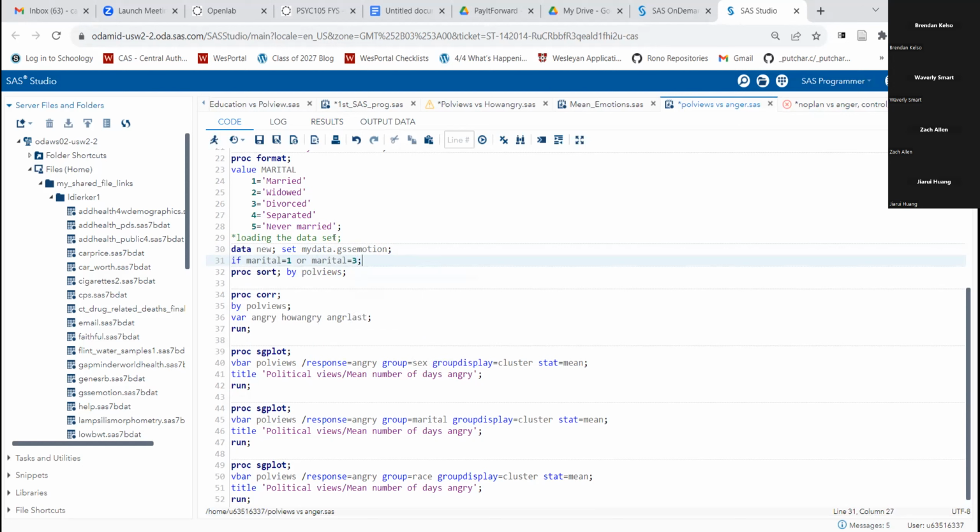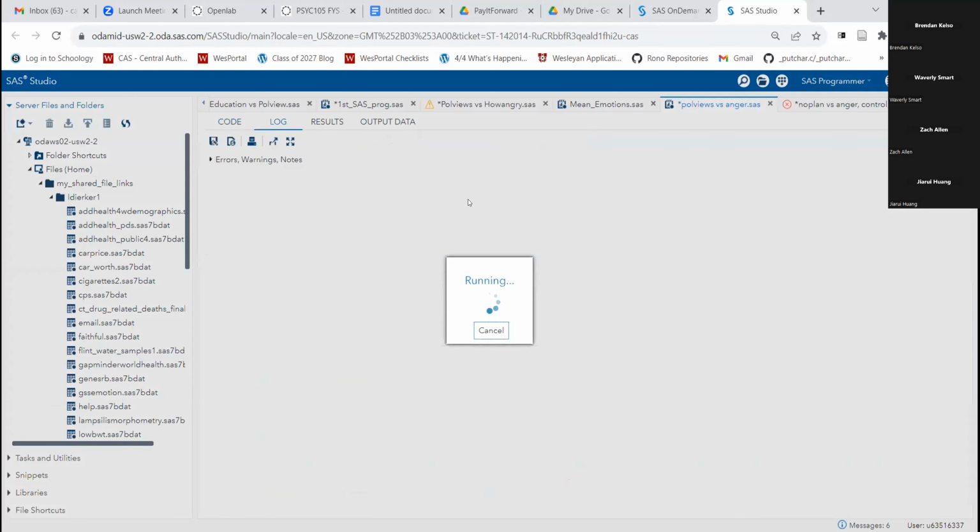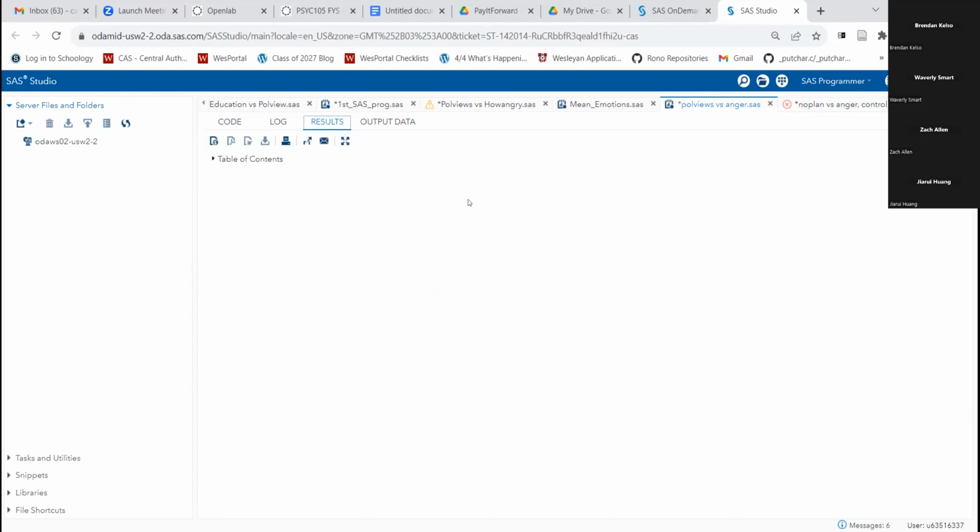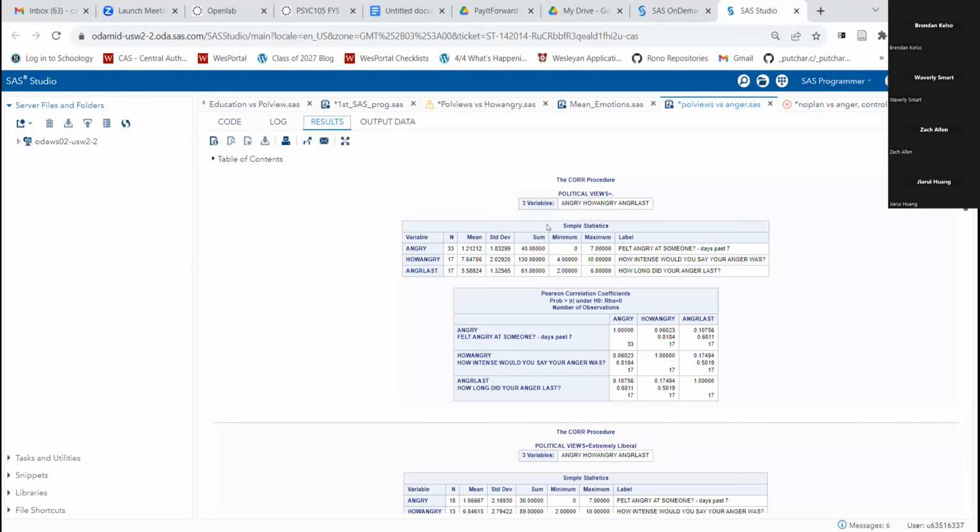Now, if you run this, it's going to show you that same graph, but everything you run is now just going to be married versus divorced. So run that and let's just look at it quickly. And now, if you don't want that, get rid of it. But I'm just saying, you can subset this way.